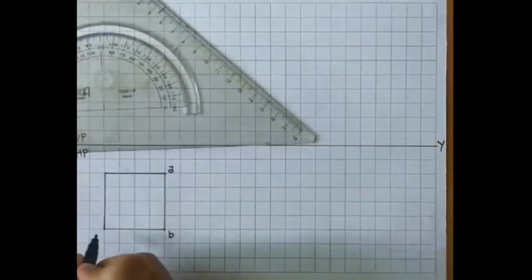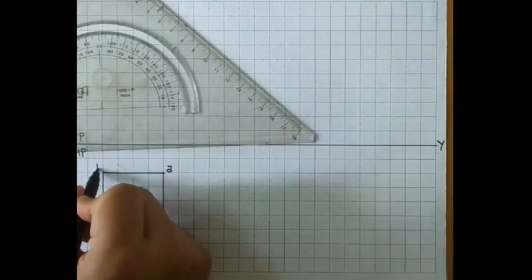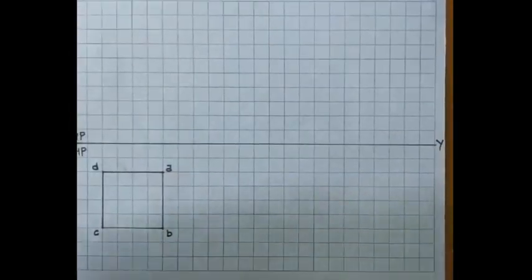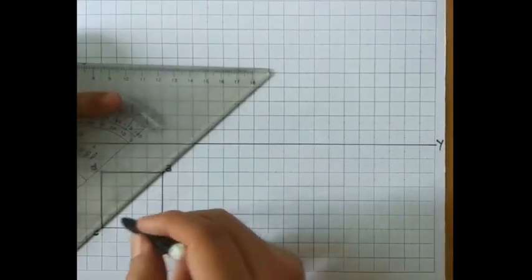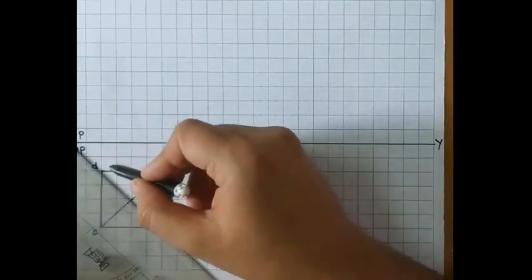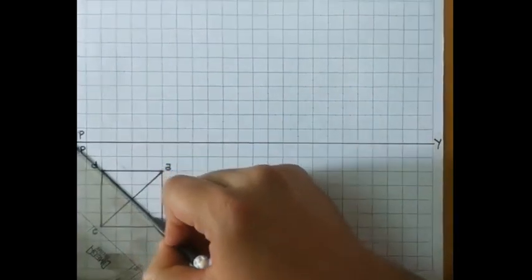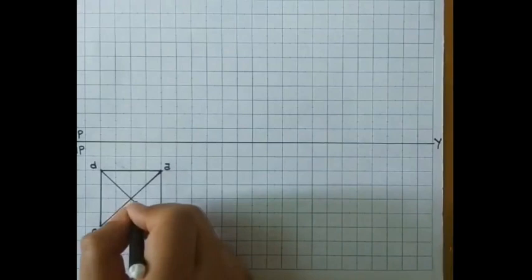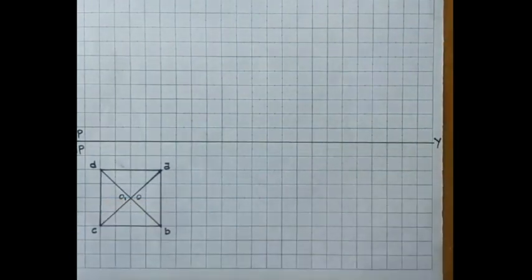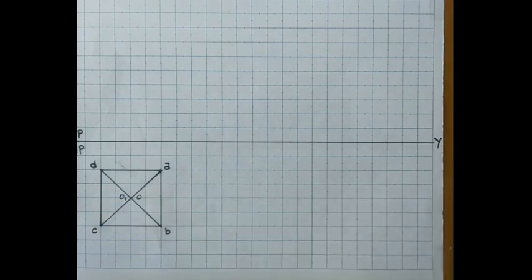This is A, B, C and D, and then I am going to mark the center of the base. I am going to name it O and O1, where O1 is the apex and O is the center of the base. Now this completes the top view.